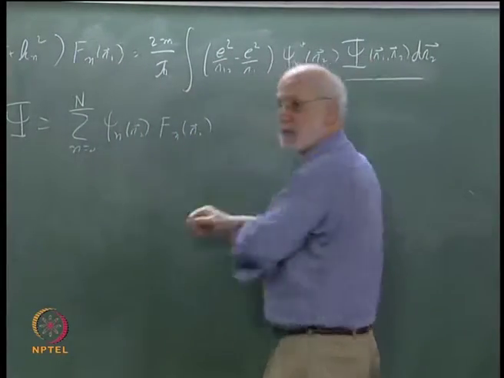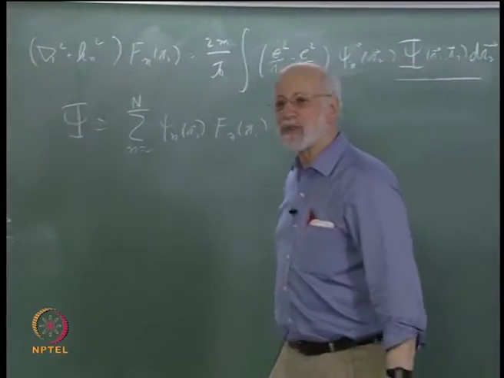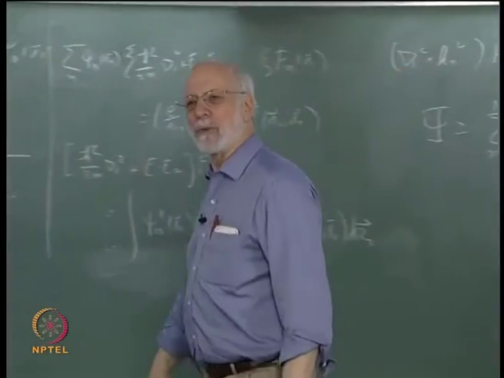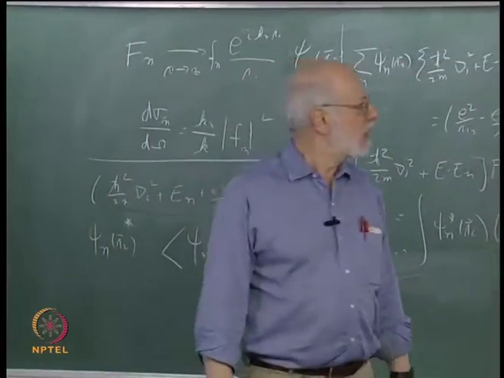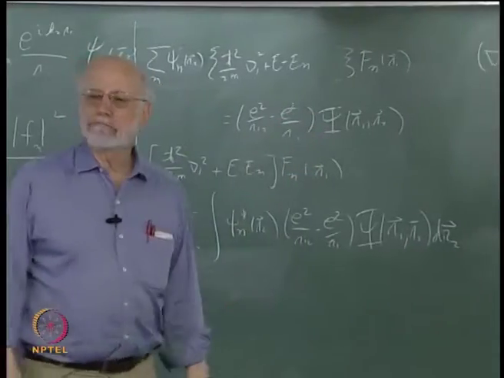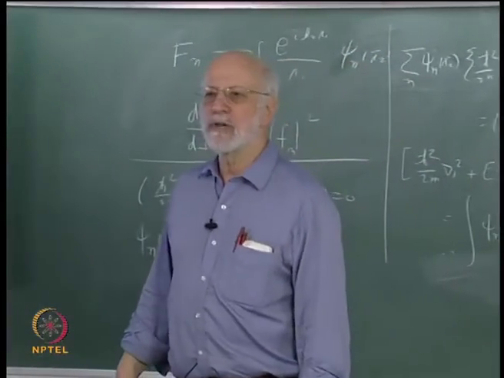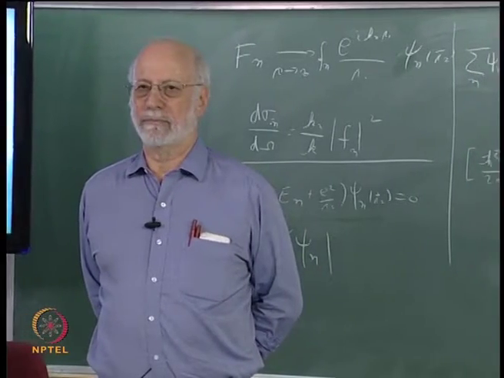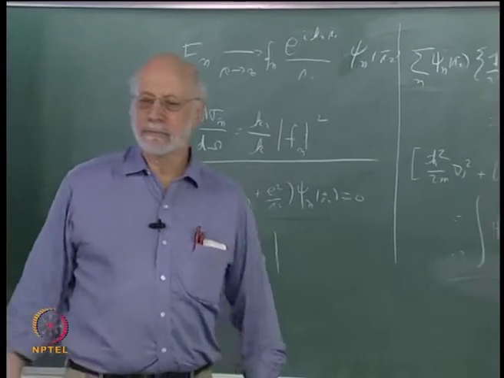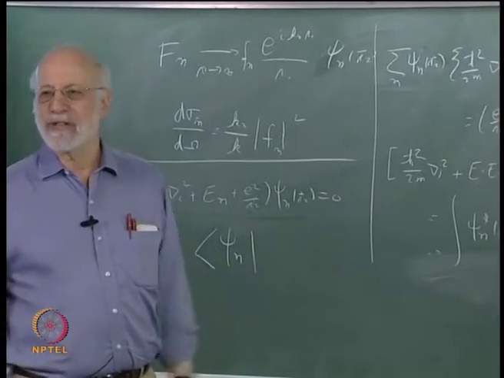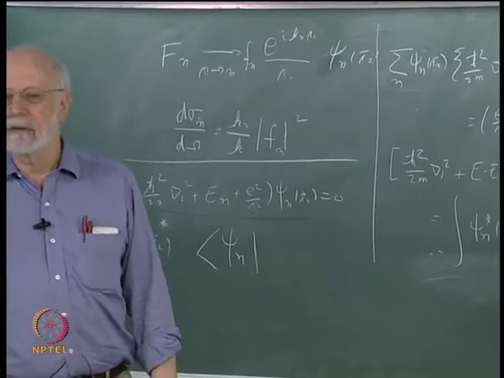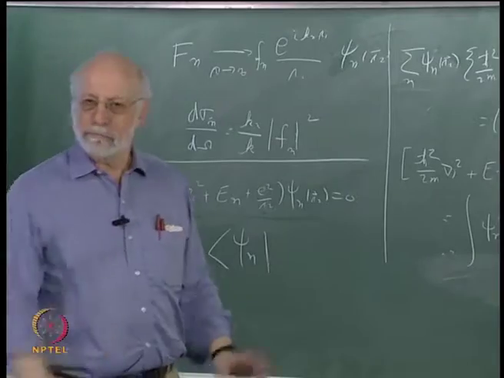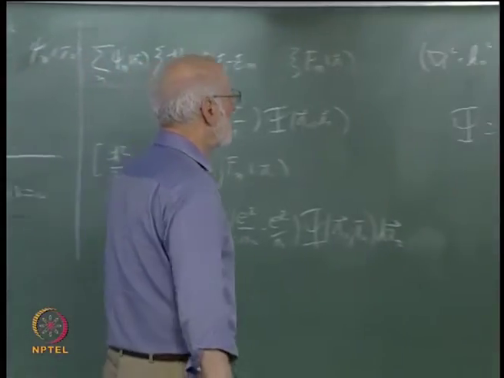Here are the Fn's, and you could actually, in principle, solve this. It's messy, but it's solvable. When I take a bunch of terms there, that is known as a close coupling expansion. You can't solve this analytically, but you can do it numerically. You've got to do it by iteration. But it is solvable.